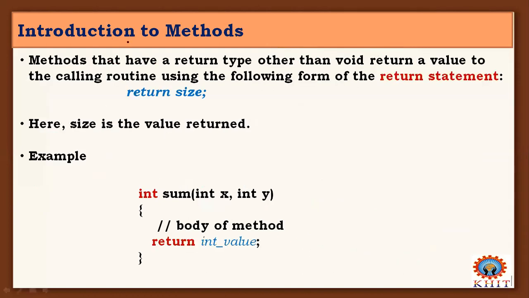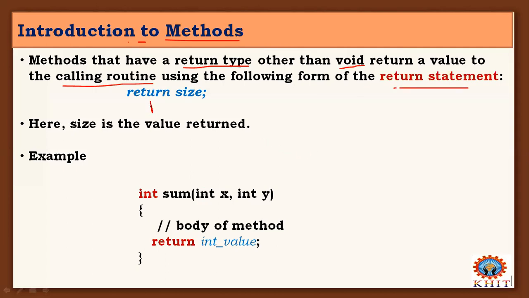Next, coming to another important property about methods: methods that have a return type other than void. Sometimes a method may return a value to the calling routine, and the form used for this is called the return statement.